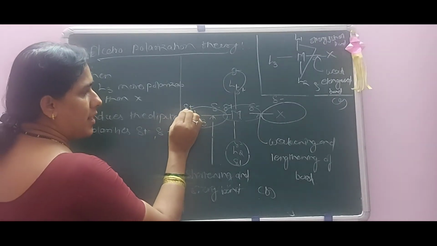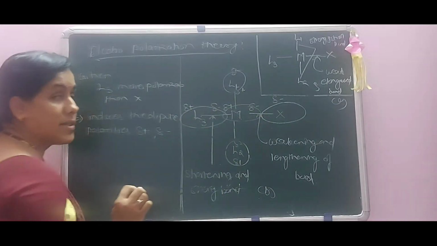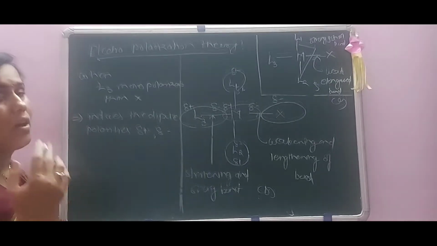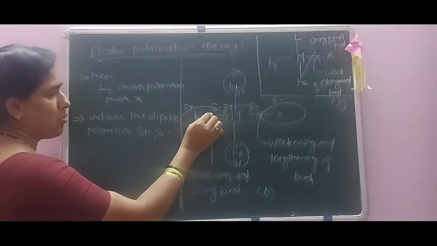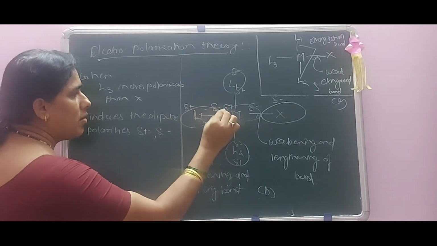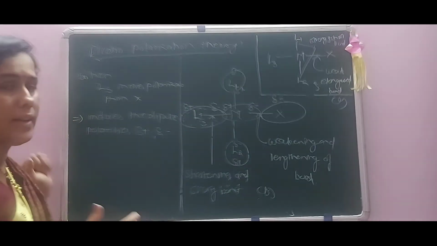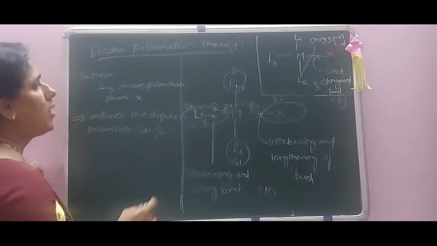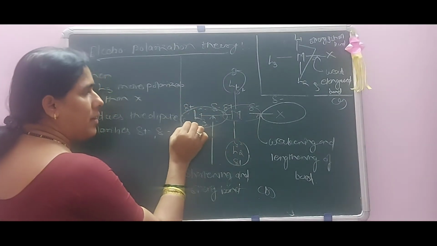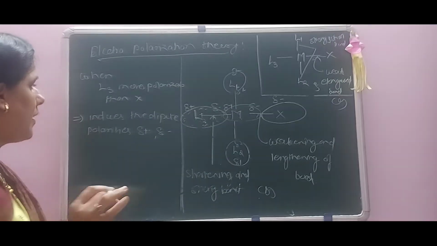Then it induces a dipole in the central metal ion by drawing the electrons of the central metal ion toward itself. This ligand has some number of electrons that it can hold by its nucleus. Thus it is more polarizable, differentiating the polarities as delta positive and delta negative.